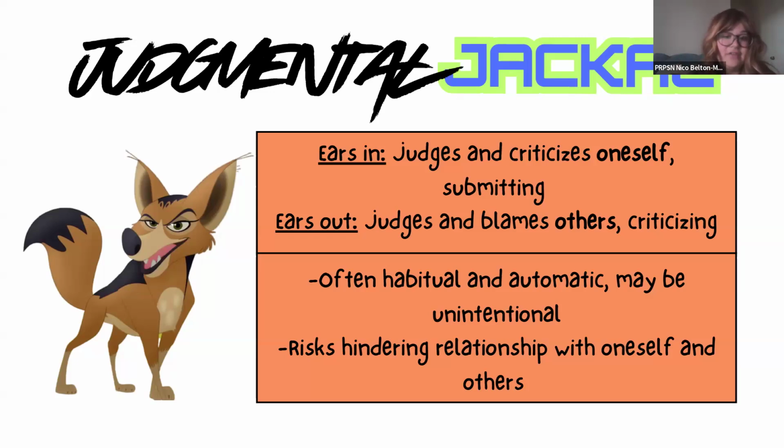And with ears out, they often judge and blame others, which comes in the form of criticism or judgment. And it's important to note that the judgmental jackal, sometimes it's habitual and automatic. You may not be intentionally trying to be mean, right? It's just an automatic response sometimes.